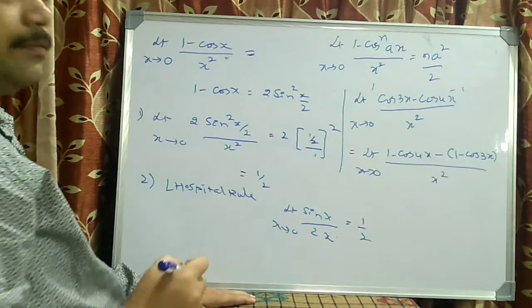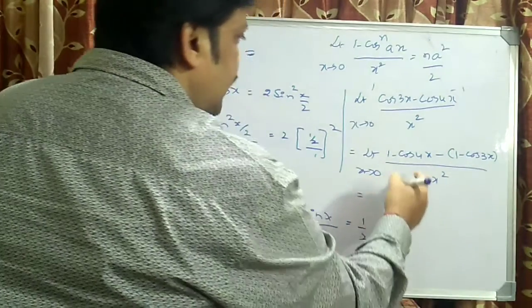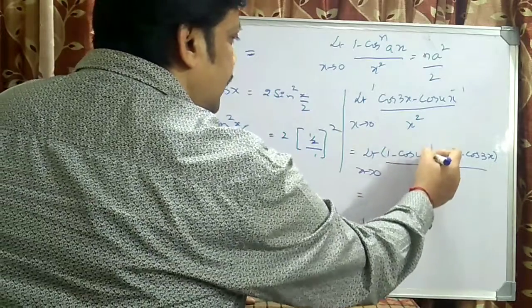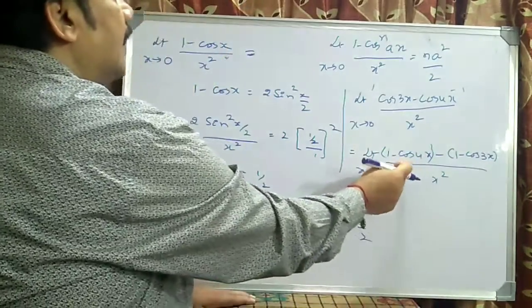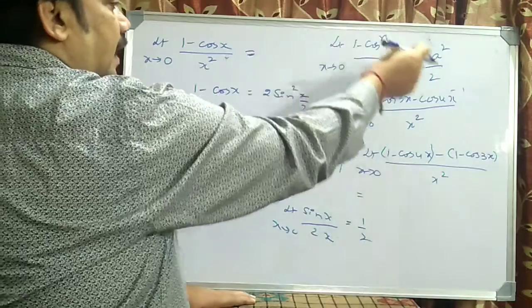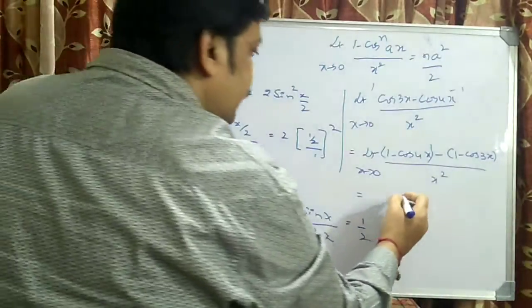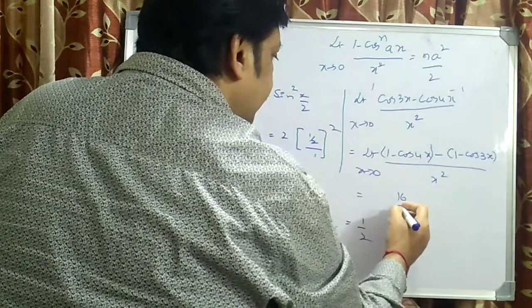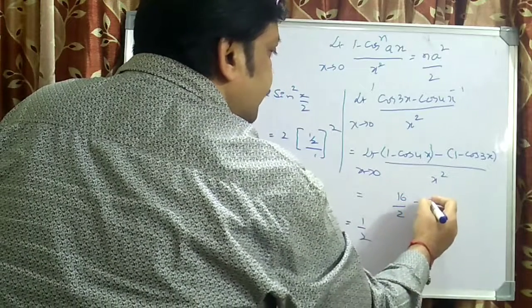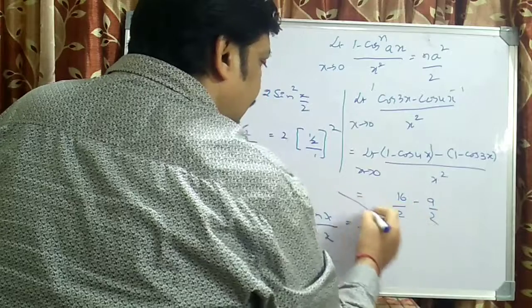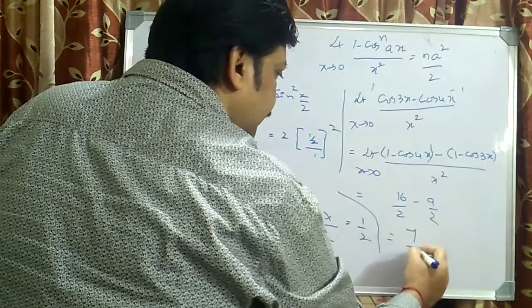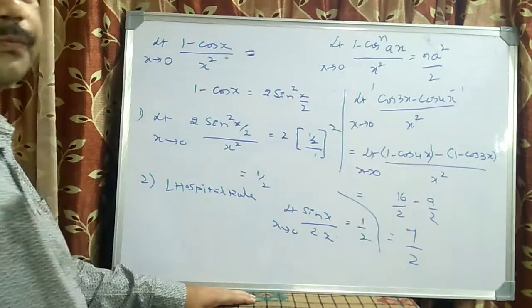Now you can see this is a separate part and this is a separate part. Here I am applying the previous part. Here n is 1 and a is 4. You can see this is 4 square, 16 by 2, minus 9 by 2. If I apply this, I get 7 by 2.